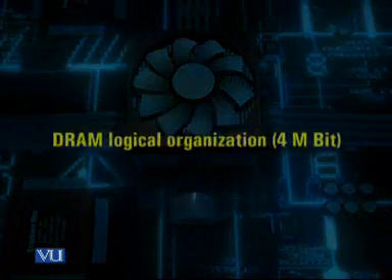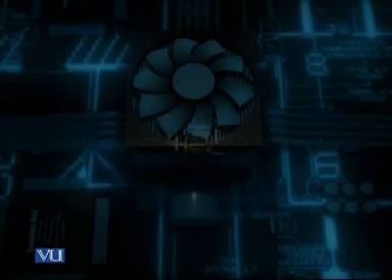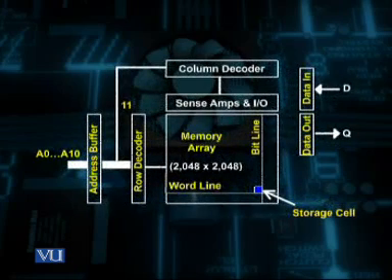Now, in order to understand the design of random access memory, which is used as the main memory, let us have a look at this organization of a 4 megabit DRAM, which is used as the main memory.